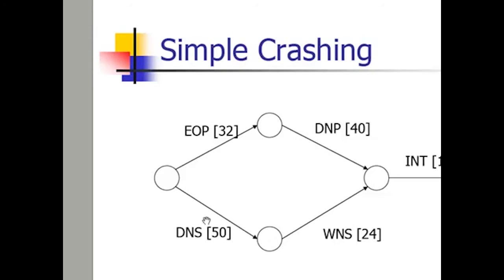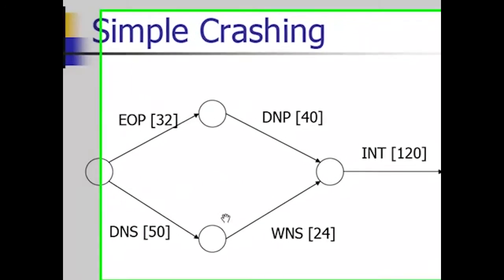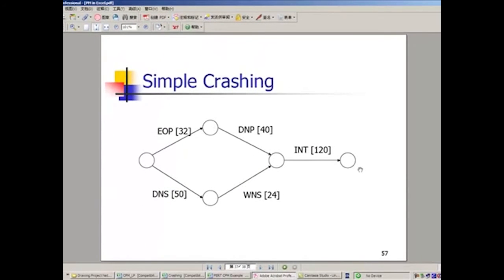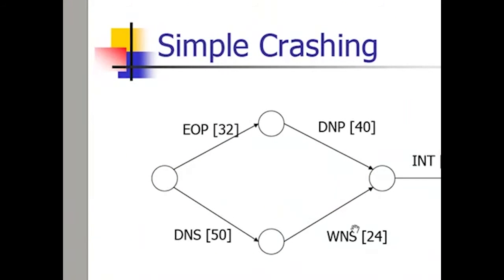Then you need to check again whether this critical path is maintained, because if we crash by 2 hours, this one becomes 22 hours to finish, and then the project has 2 critical paths. In that case, if WNS takes 22 hours now, and we want to reduce the whole project completion time by 1 more unit of time, we need to consider 2 ways.